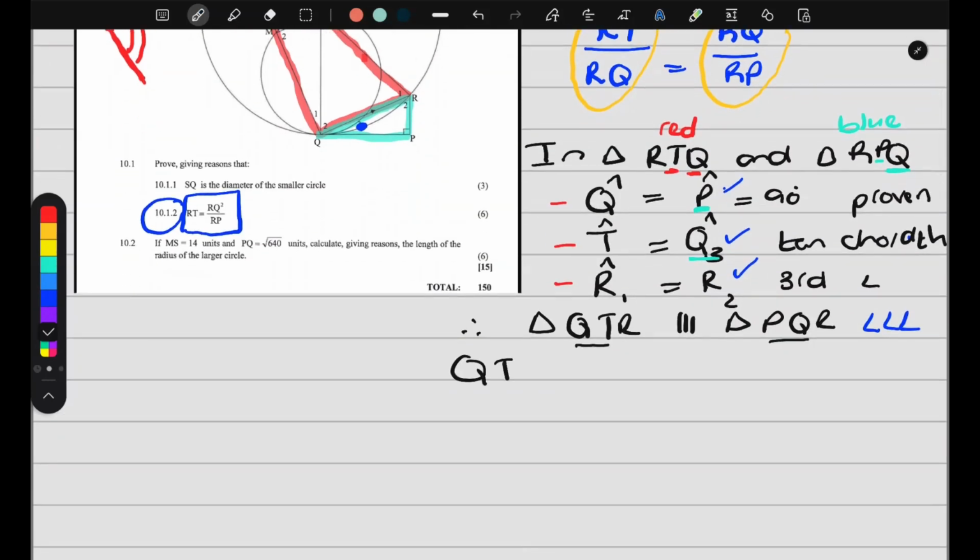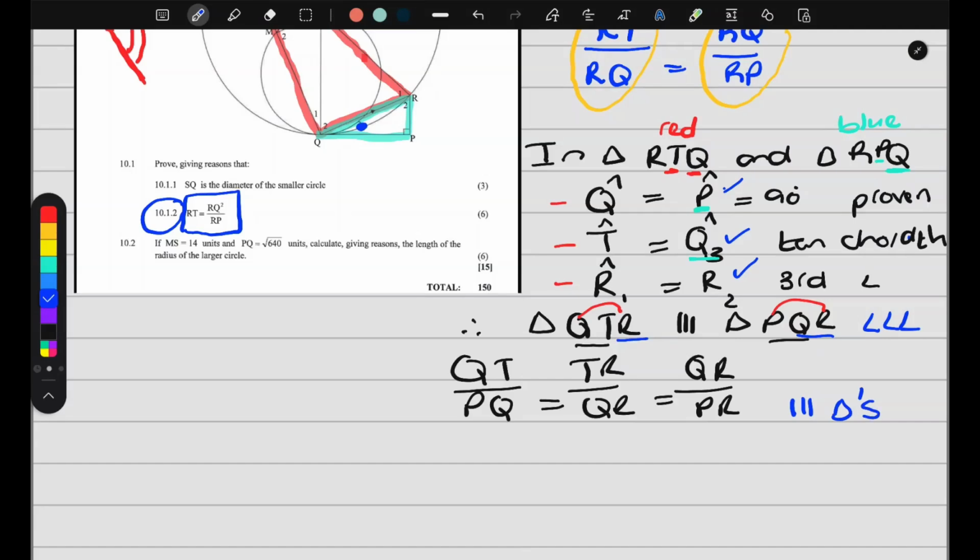So QT over PQ is the same as last 2 over last 2. TR over QR is equal to first and last, first and last. So QR over PR. And my reason is because the triangles are similar.